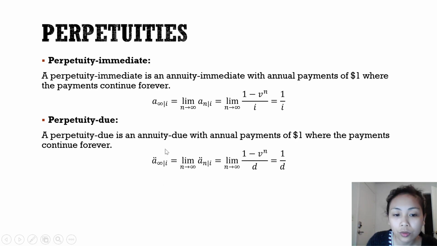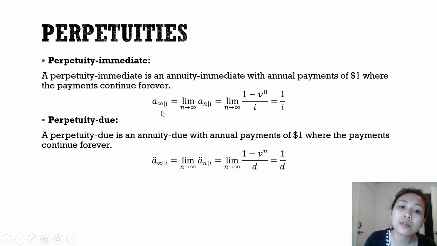The notation for perpetuity due is a double dot angle infinity at i, and we take the limit as n goes to infinity of the annuity due. Remember the formula for annuity due we learned from the first lesson of annuity is 1 minus v to the n over d. d represents due, right? So again, v to the n goes to 0 when n goes to infinity, so this becomes 1 over d.